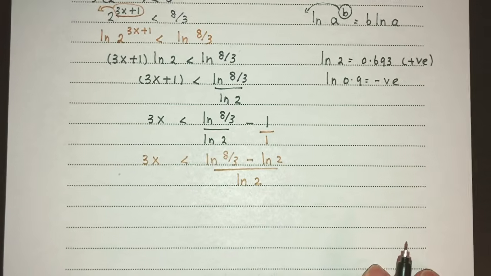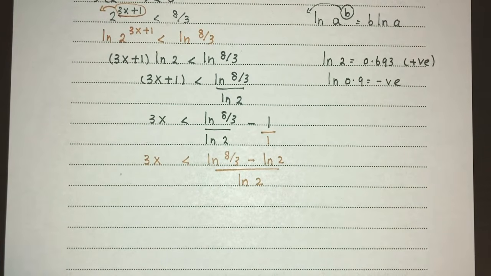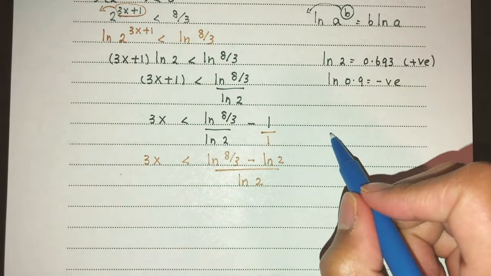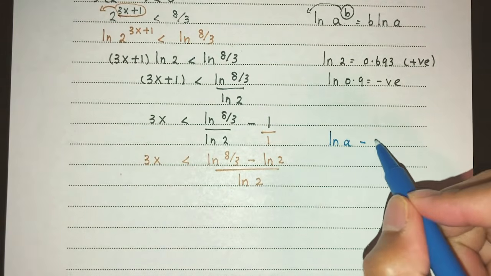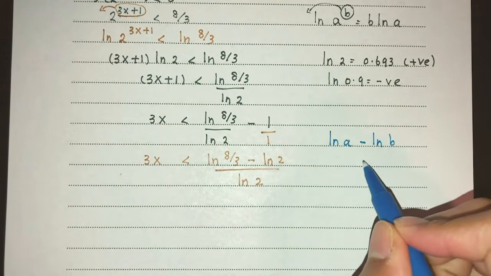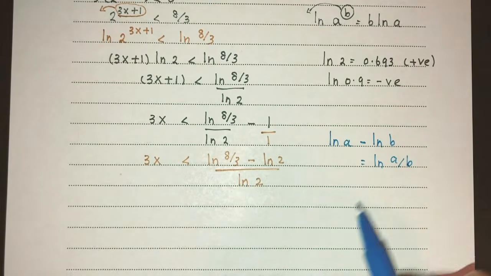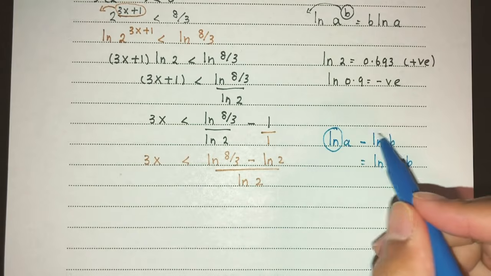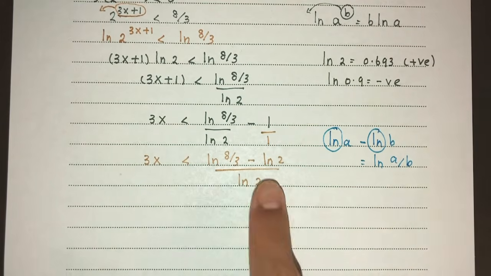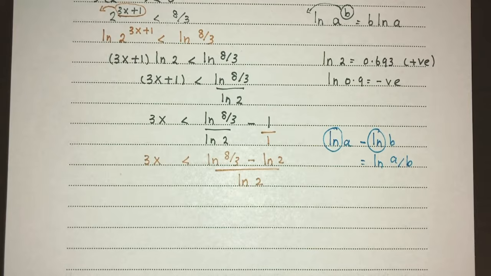So you have to use another property of logarithm. For example, when I have ln of a minus ln of b, it is simply ln of a divided by b. That is only possible because these two are the same. Okay, that's why I can do that here as well, because I have ln and ln.